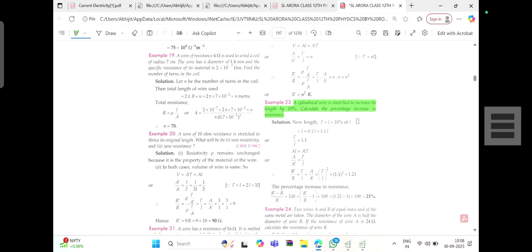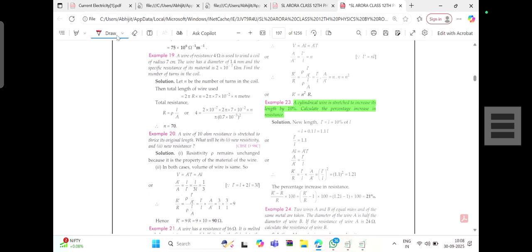Okay, so that is the new length. L prime is equal to L plus 10% of L. Here L is the previous length of the conductor.